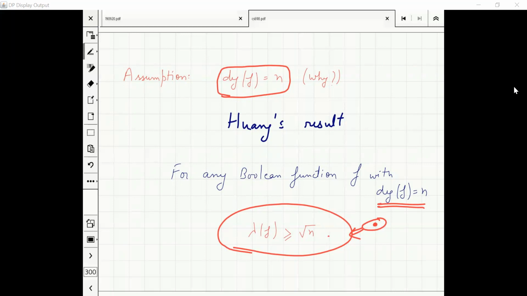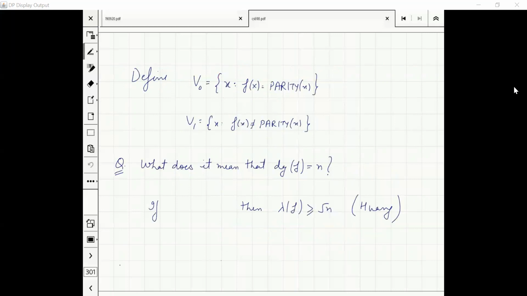Now, again, this will take some time. We will complete the proof tomorrow. But what I want to understand is, what does it mean that degree of a function is equal to n? Specifically, define these two sets, V0 and V1. V0 is the set of all x's where the function agrees with parity.